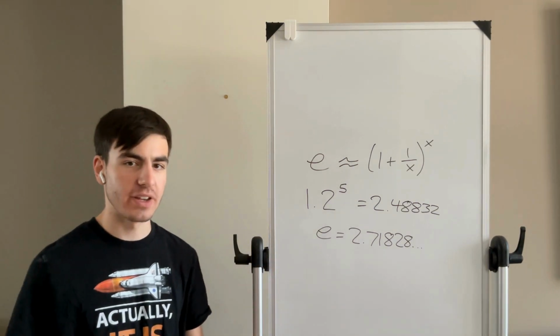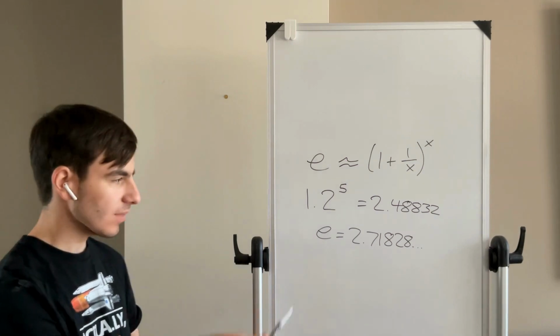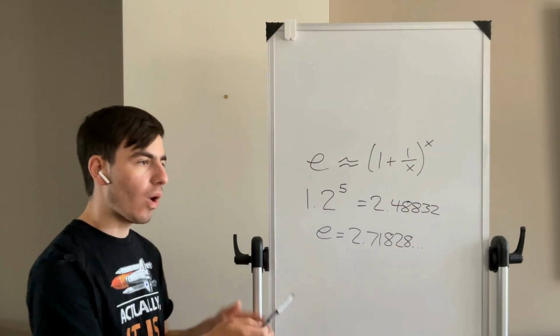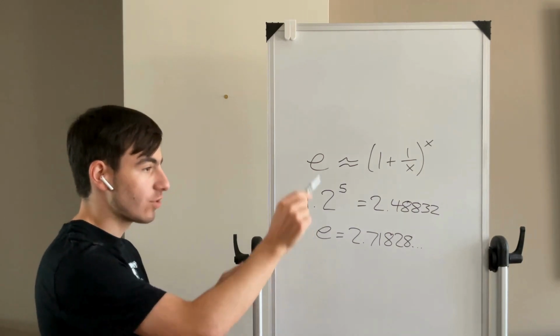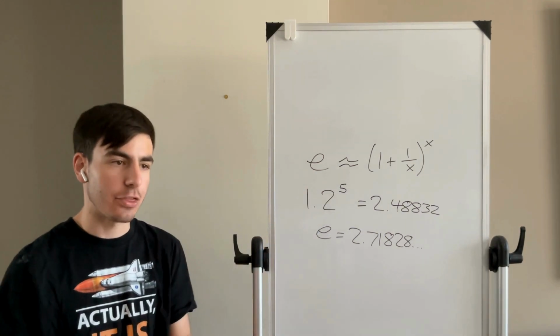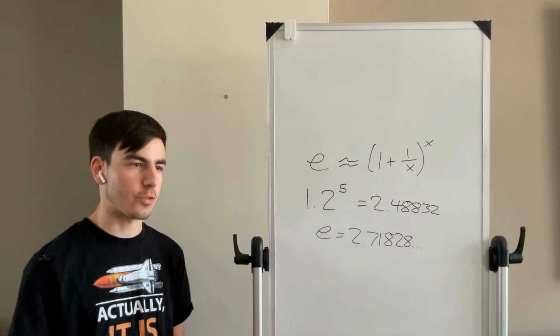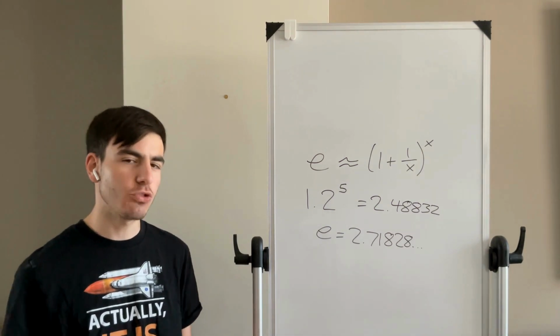Earlier we used the natural log of 1,000. If I take the natural log of 1,000, what that means is, what number can I raise e to the power of and get 1,000? So e to the power of what number is 1,000, and that's about 6.9. It's usually not a whole number.